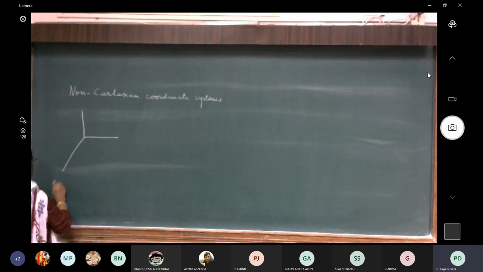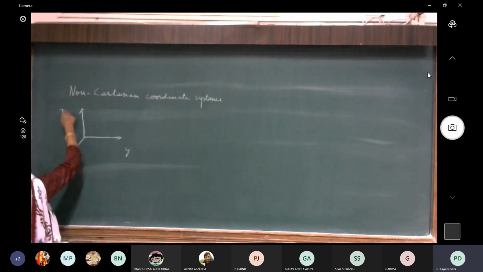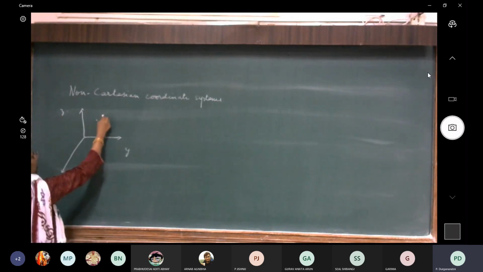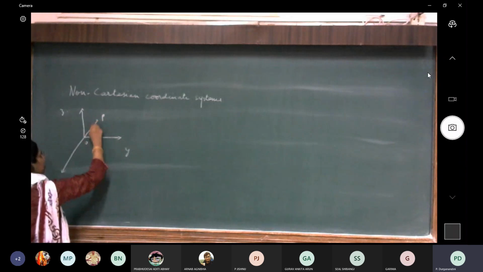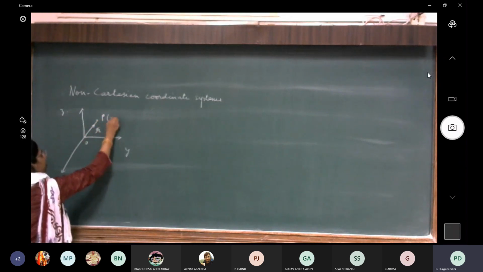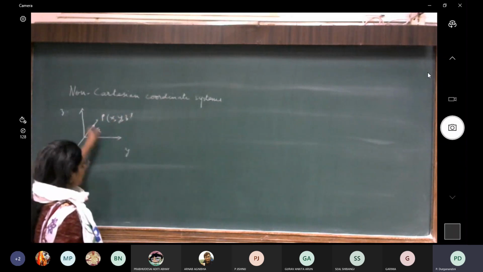We have a three-dimensional space. Let's choose this as my x-axis, y-axis, and z-axis. Any point is fixed to an origin, and this is the position vector of that point. Components of this position vector are given as x, y, z along the x-axis, y-axis, and z-axis.